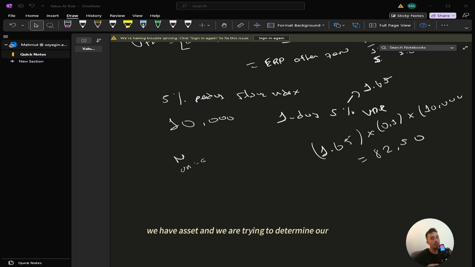We have an asset and we are trying to determine our value at risk, I mean the worst case scenario, our worst asset money in the future, typically over a 1 day period.